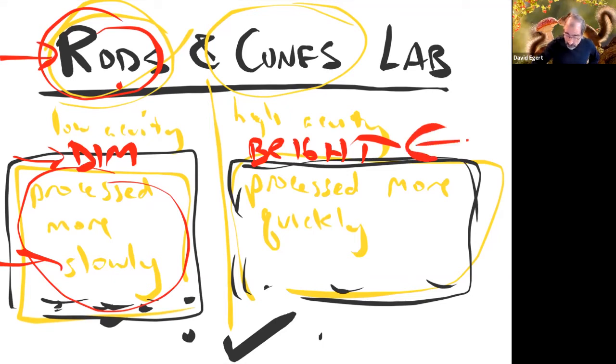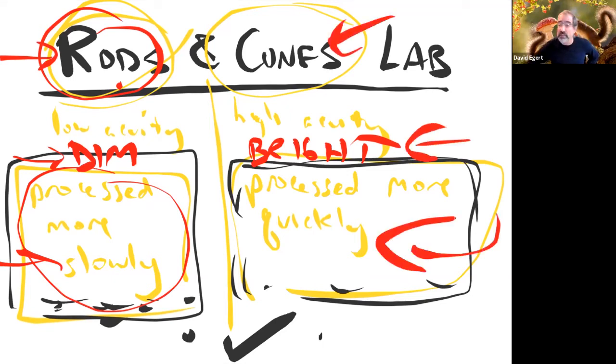In bright light, you are using cones, and cones can process the information and respond more quickly.